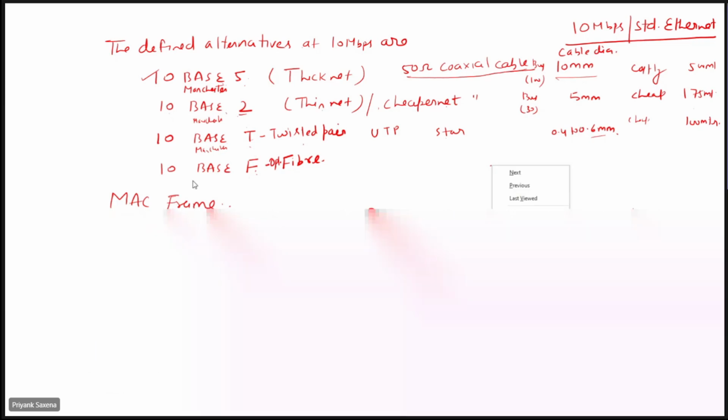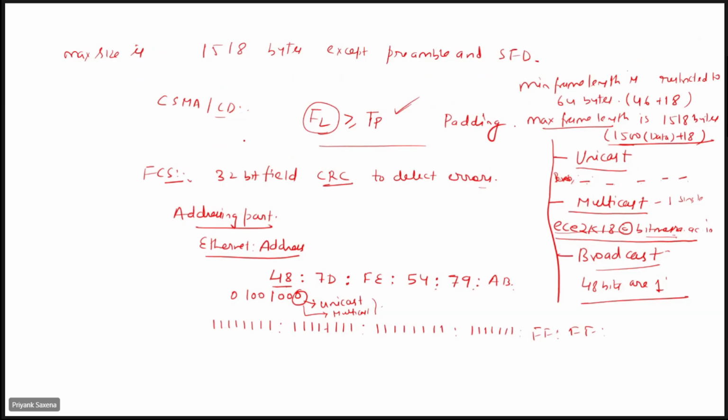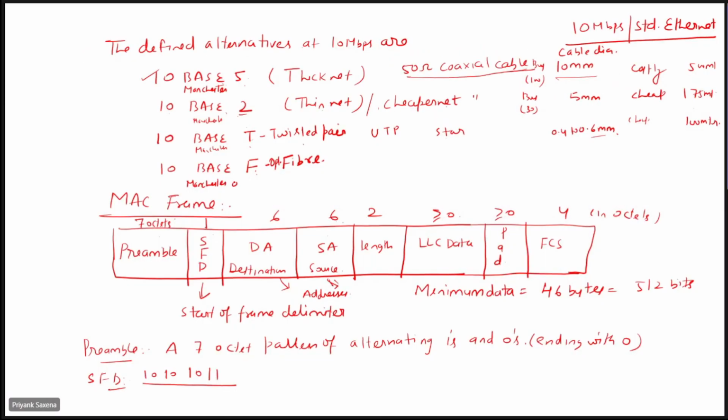And 10BaseF uses Manchester on-off, or you can say it uses intensity modulation, that is, the presence of a pulse will be marked as 1 and the absence of a pulse will be marked as 0. It uses optical fiber, and it also uses star topology.